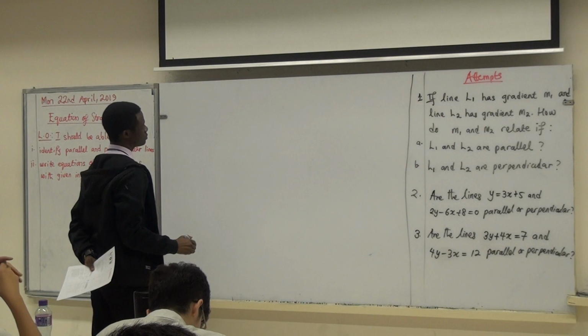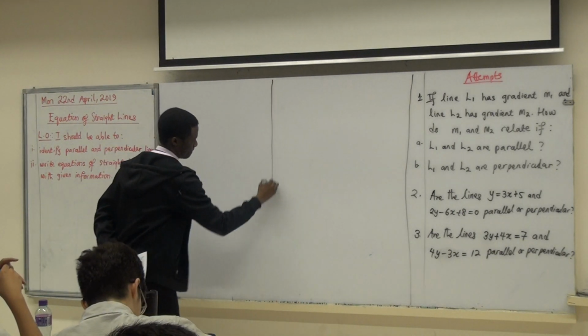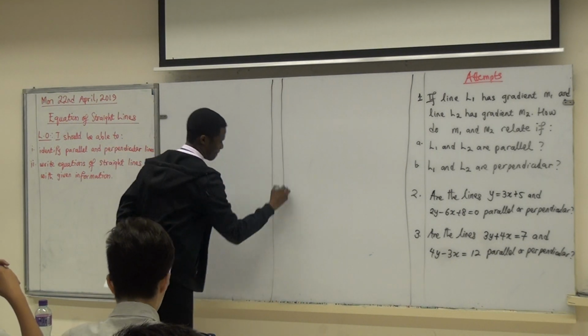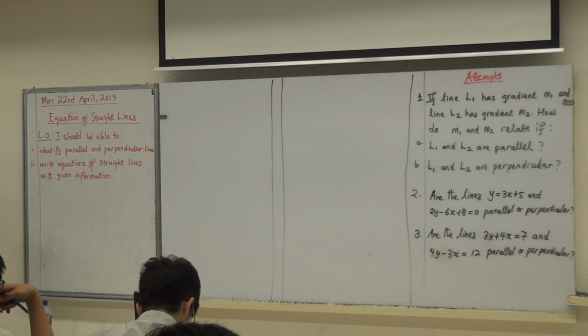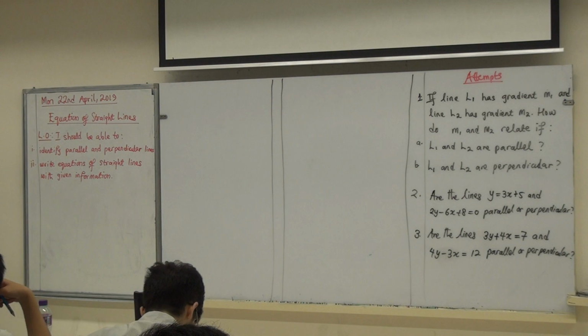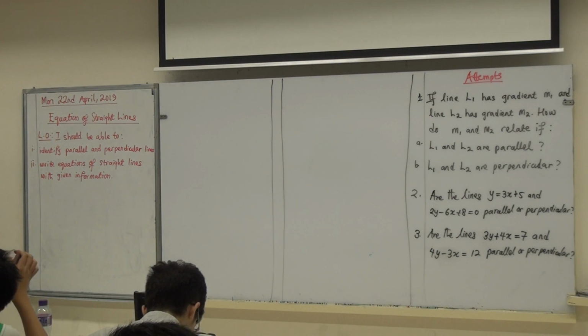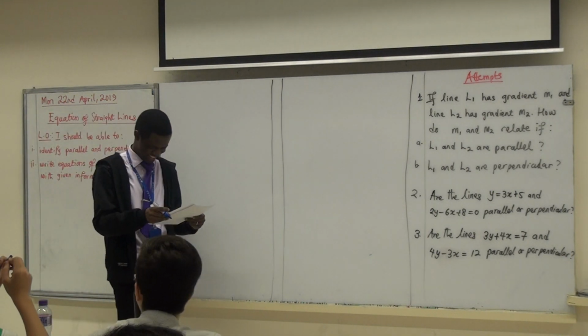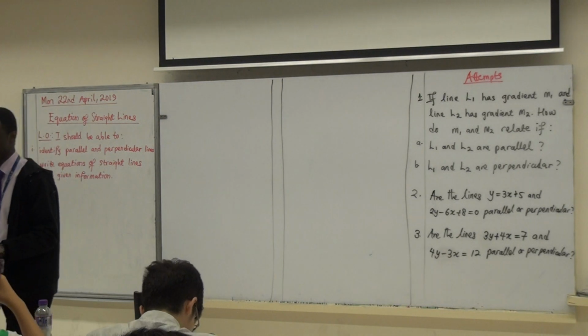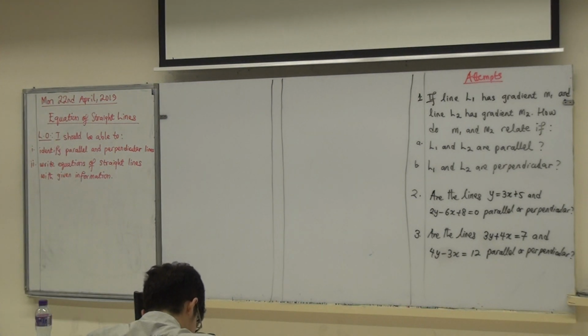M1 equals to negative 1 over M2. M2 equals to 1 over M1. Don't spread the misinformation here.